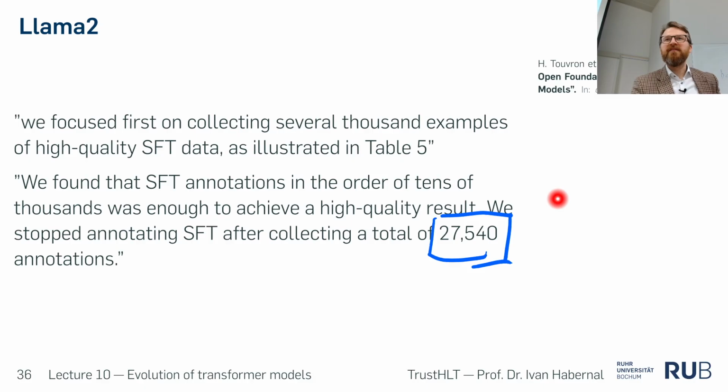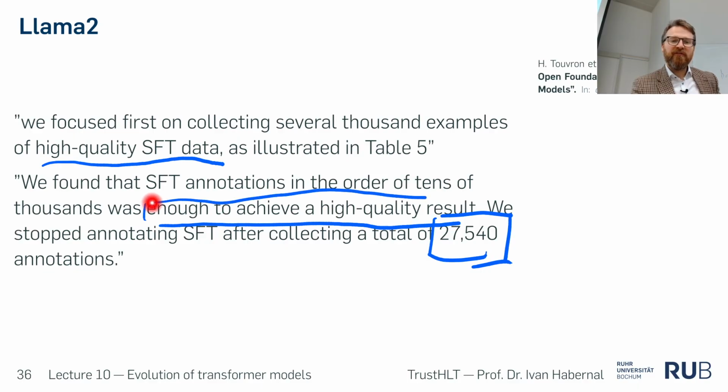I think it was very expensive actually to let people write these prompts and responses. But several thousand examples of high quality supervised fine-tuning data, as in the previous table, and what they found is that these annotations were enough to achieve high quality results. So this is turning the model into being actually useful for the tasks you want.